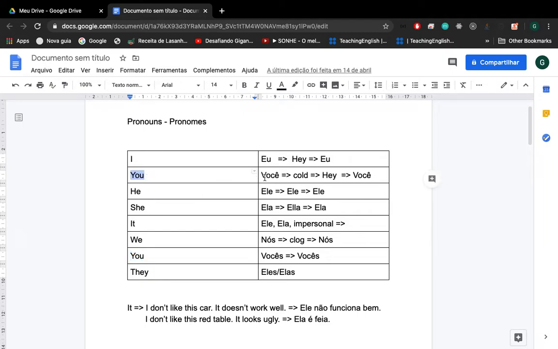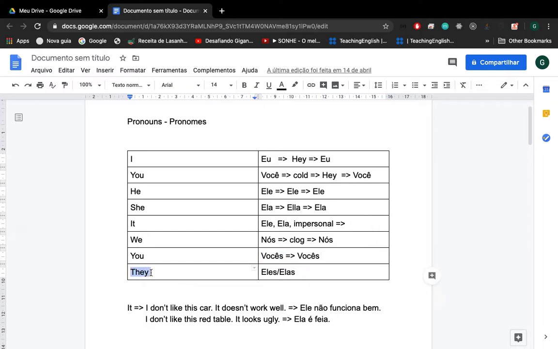You, você, in the singular. But if you're referring to more than one person, you have to add an S. Vocês, vocês. The same way you pronounce você, just with an additional S.